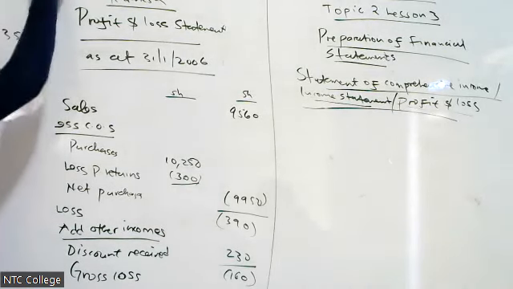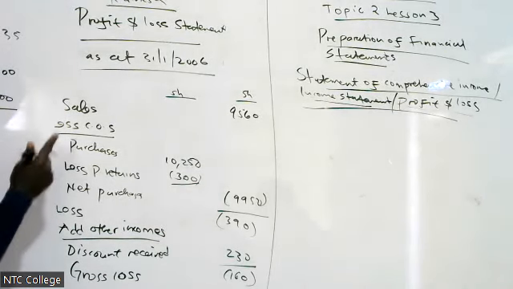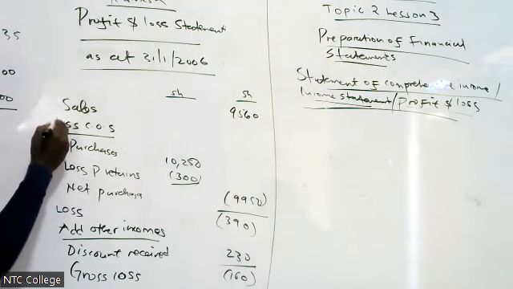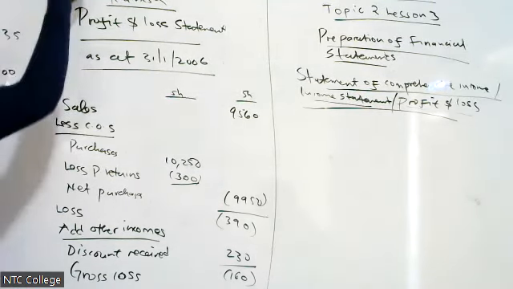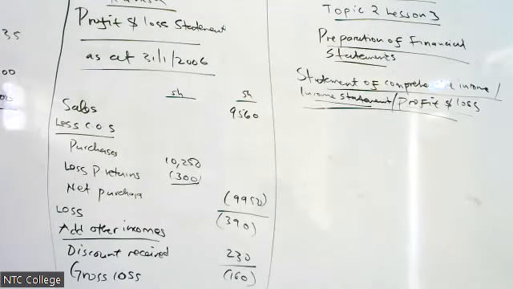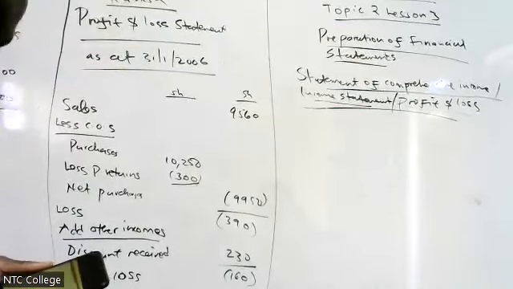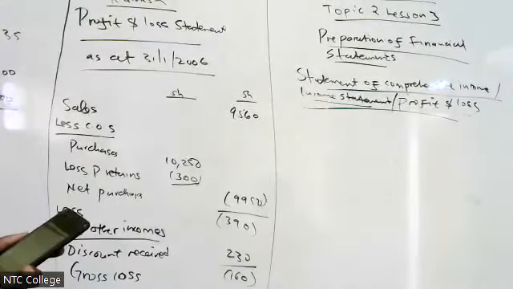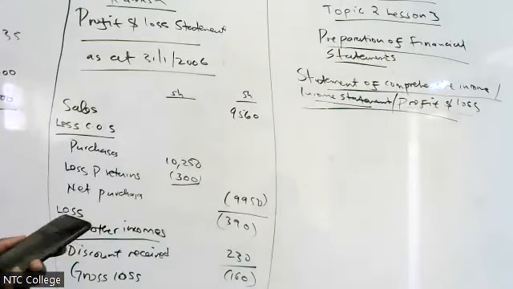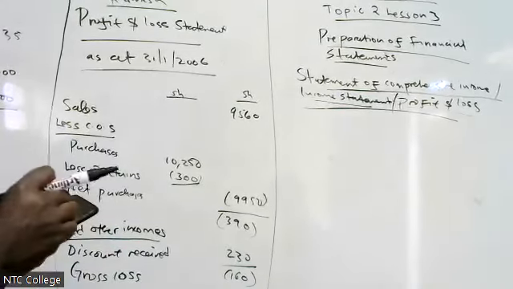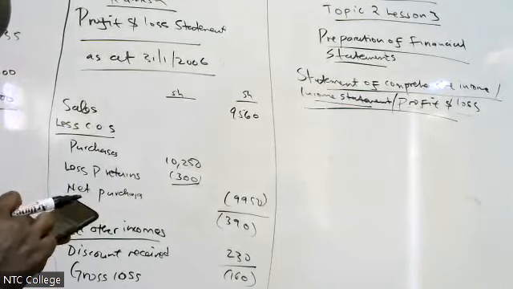How about the discount allowed? We have it where? Here.